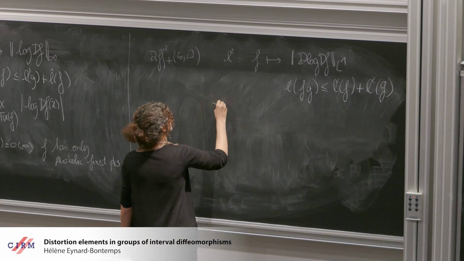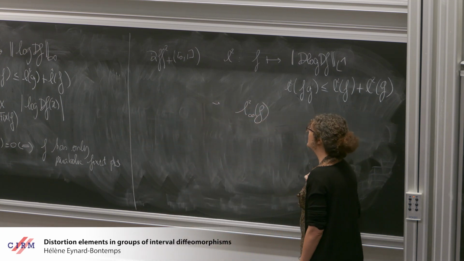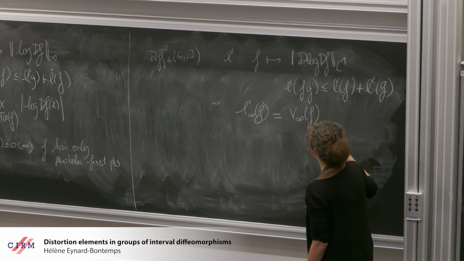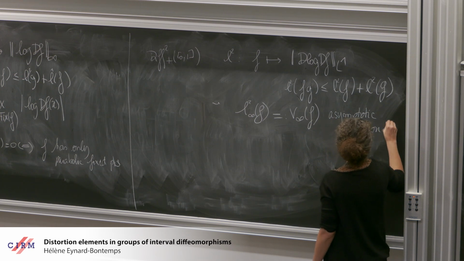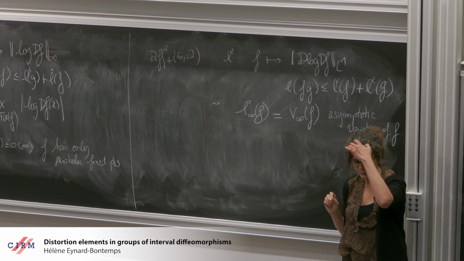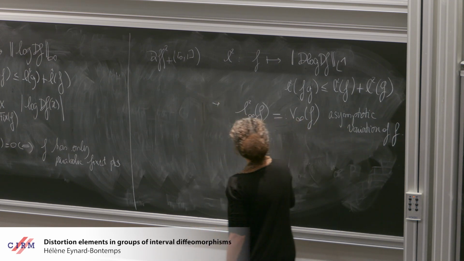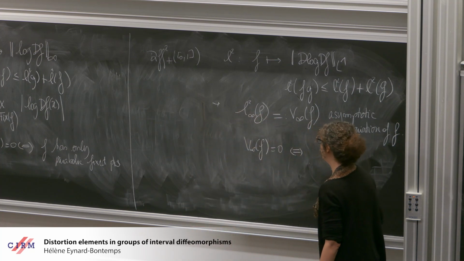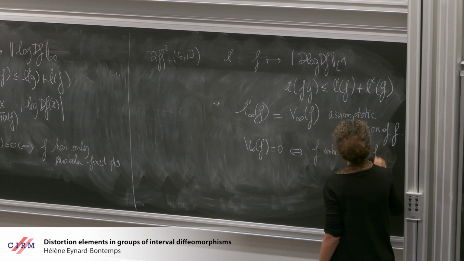So this gives me a second quantity. This is a real number, and this is what Andres named the asymptotic variation of f. And we have seen, and I'm not going to prove it, that this quantity is 0 if and only if f embeds in a C1 flow.